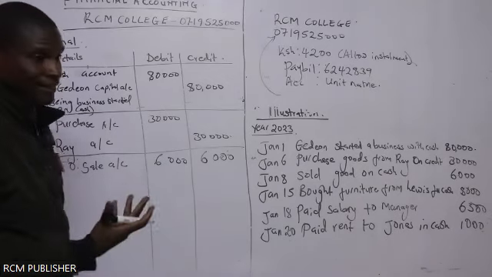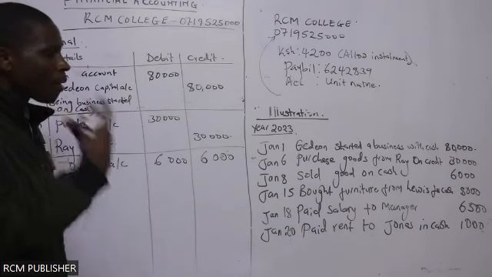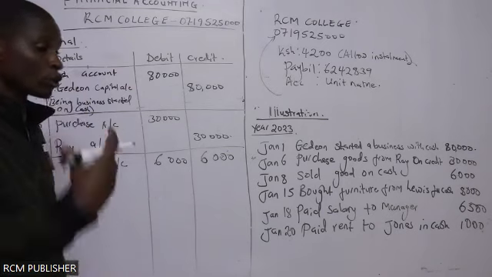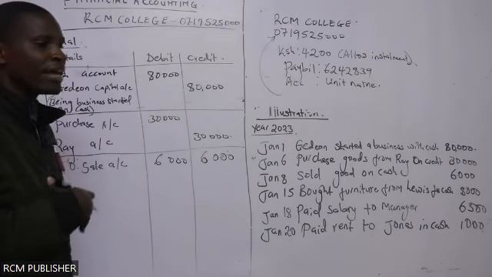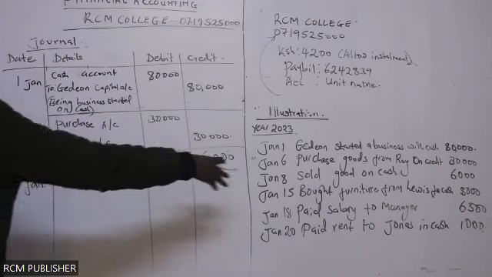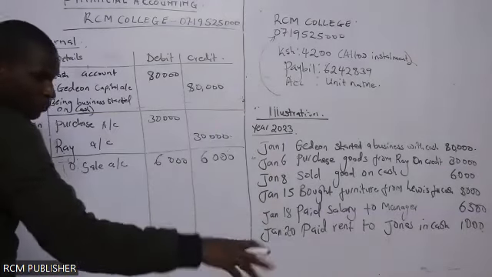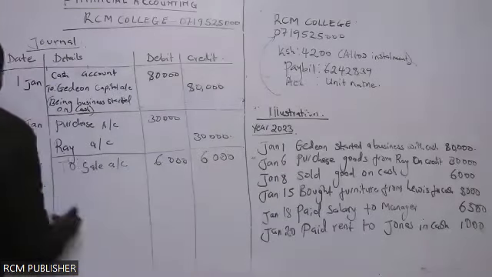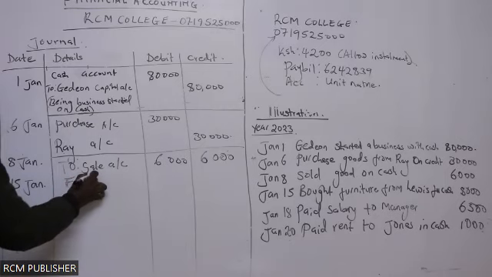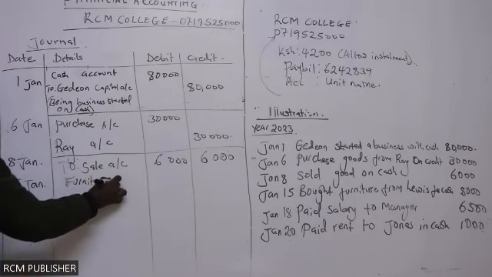Remember, we are purchasing. Our money is going out. Our account is reducing, while increasing the Lewis account. So Jan 8, we are going to debit furniture account.